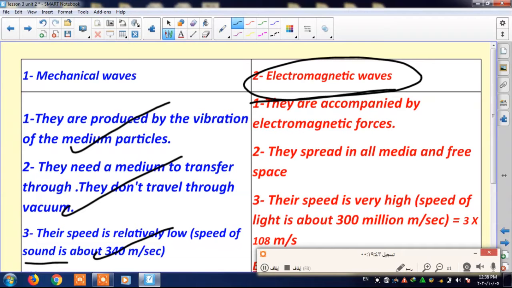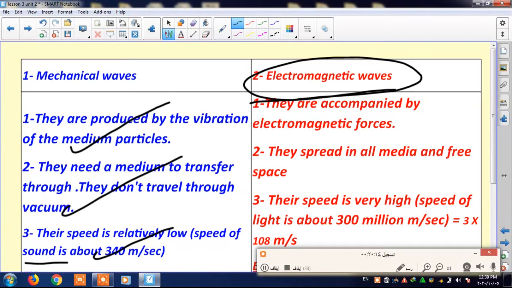Combined by the electromagnetic force, because they are produced from the combination of two forces, electric force and magnetic force. This type of wave motion can propagate in space and doesn't need a medium to propagate through. Please give me an example of an electromagnetic wave.